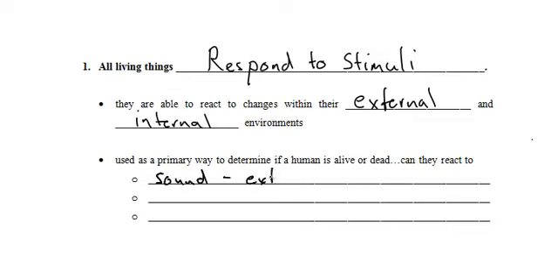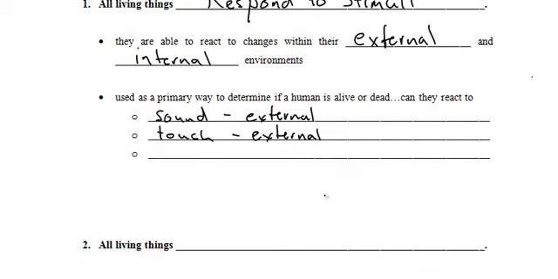This is external. Or to touch, we might shake them gently. Or if they don't respond to those two things, we might look further and see whether they are breathing or have a pulse, which are indicators that their body is still able to respond to internal stimuli.